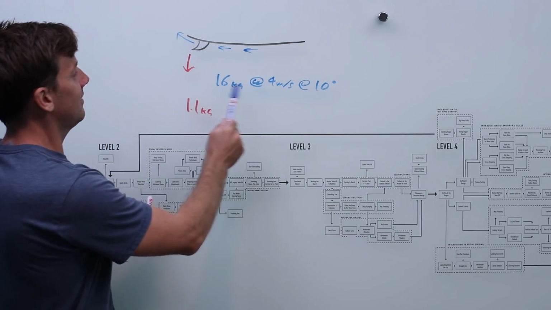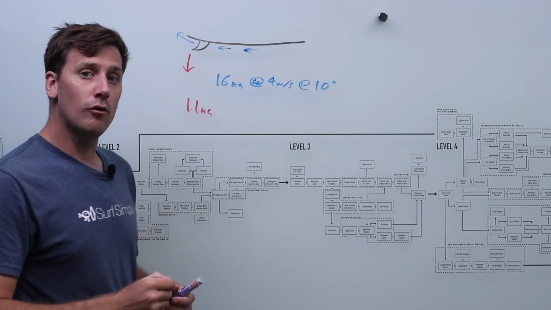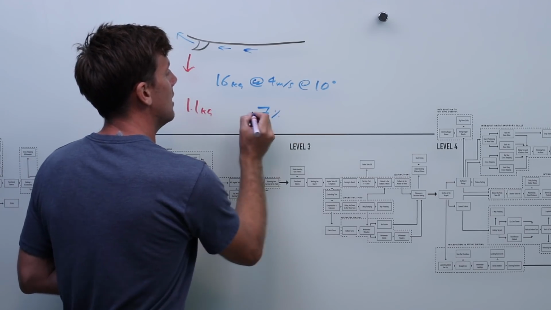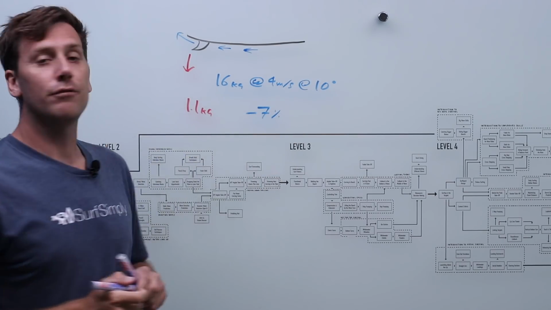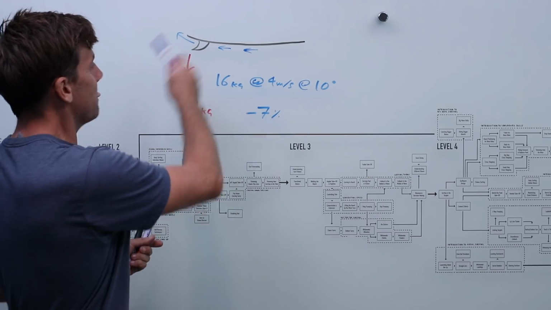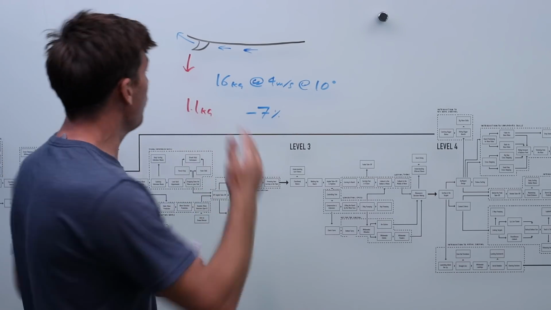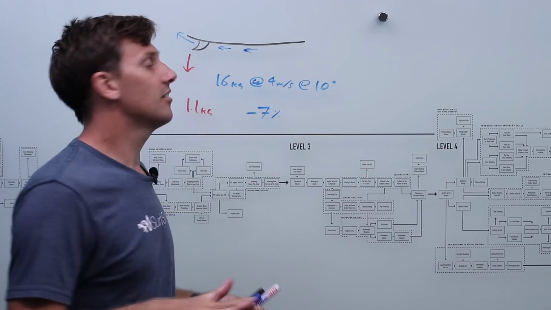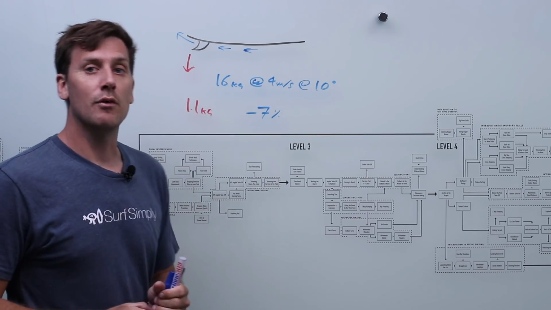So of our 16 kilos of horizontal force, we're actually losing about 7% of that horizontal force, okay? That's fairly significant, and it's why a board with a lot of tail rocker is just going to feel a little bit slower than a board with a flat tail rocker.